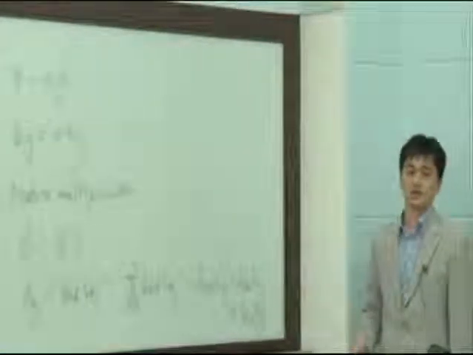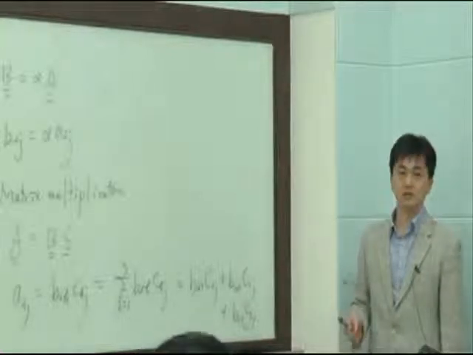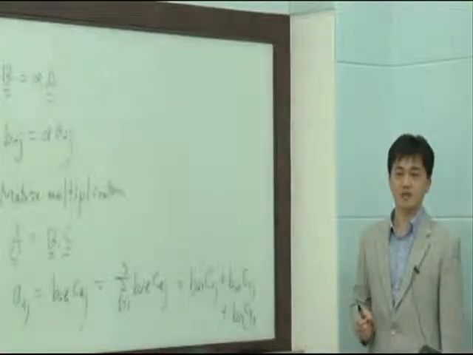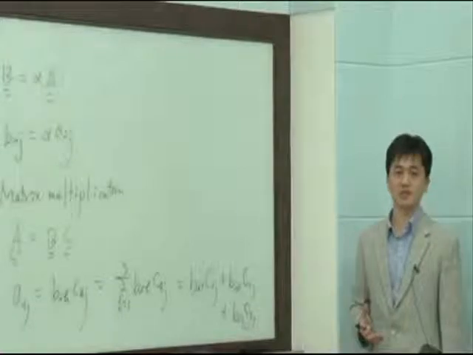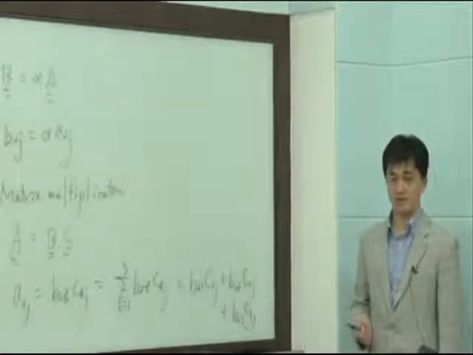So you should be able to identify what kind of summations are omitted, okay?